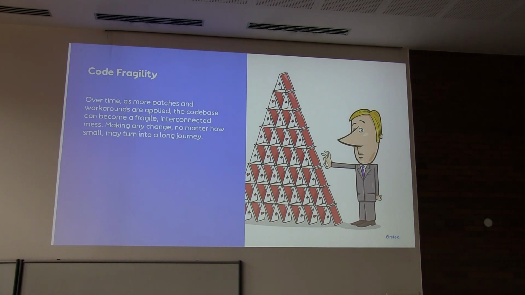I tried to structure all the bad anti-patterns I could find, and code fragility is one of them. With a lot of patches, the code becomes fragile. You cannot touch one thing and improve it without breaking other things, and it actually stops development.